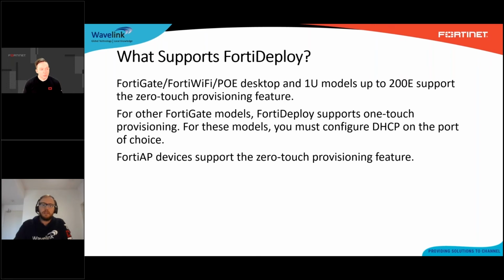Is that right? That's right, and we've kept that availability, especially that DHCP port, off our higher level models, especially on the, say, 200E, 200F up, because they're more moving away from the smaller SMB, fanless design firewalls. So with the smaller firewalls, they're the ones that we see getting deployed down into small sites and that need this zero-touch provisioning.